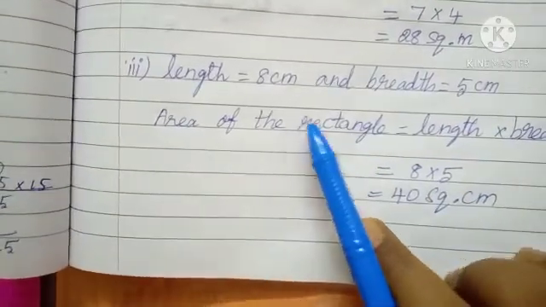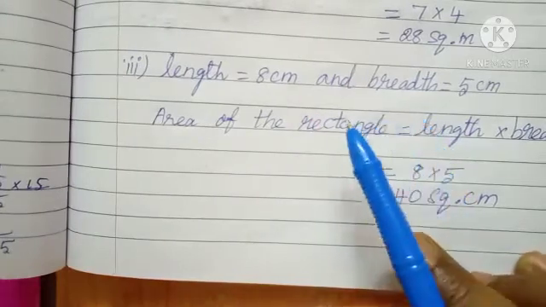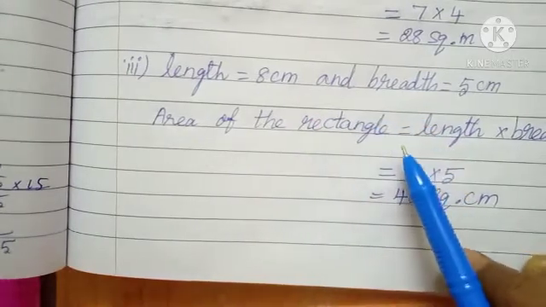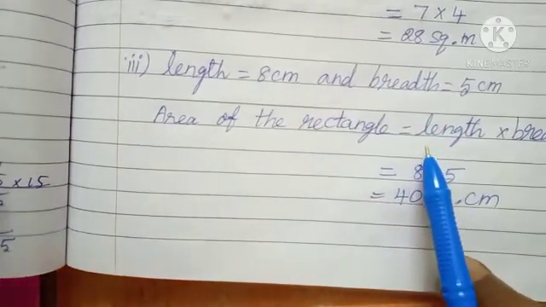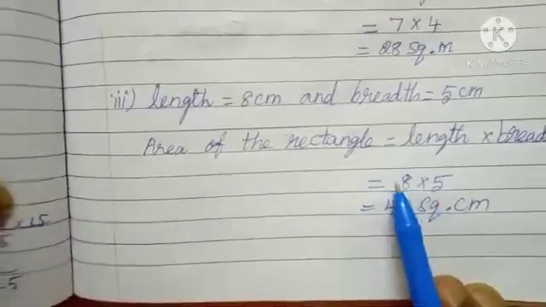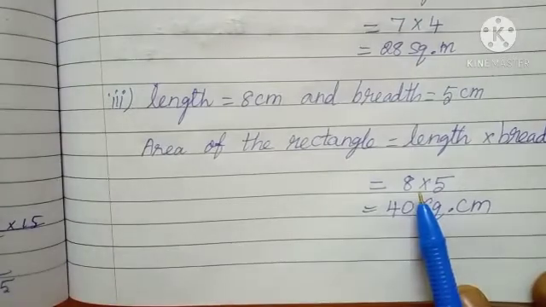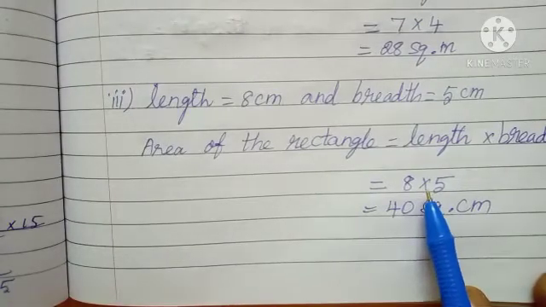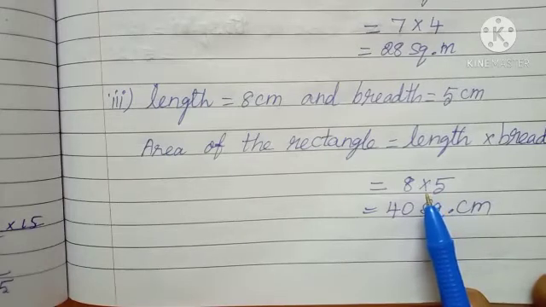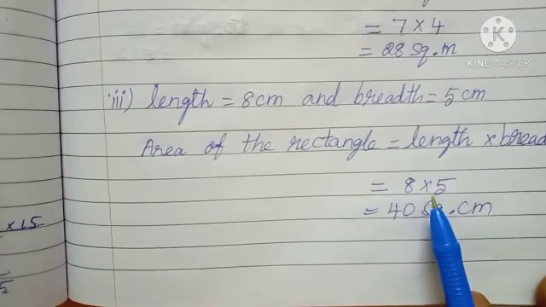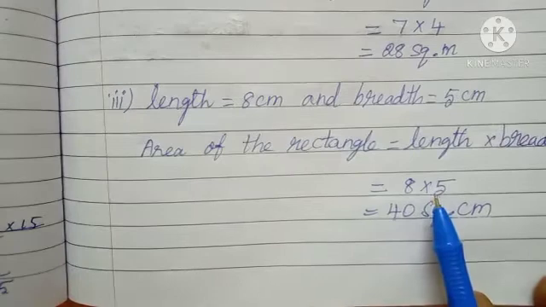Length is 8 centimeter, breadth is 5 centimeter. Area of rectangle equals length multiply breadth. That is the formula. So if you know the formula, it is easy to do the sum. You learned perimeter and area. For perimeter, directly use the formula and write the same unit.